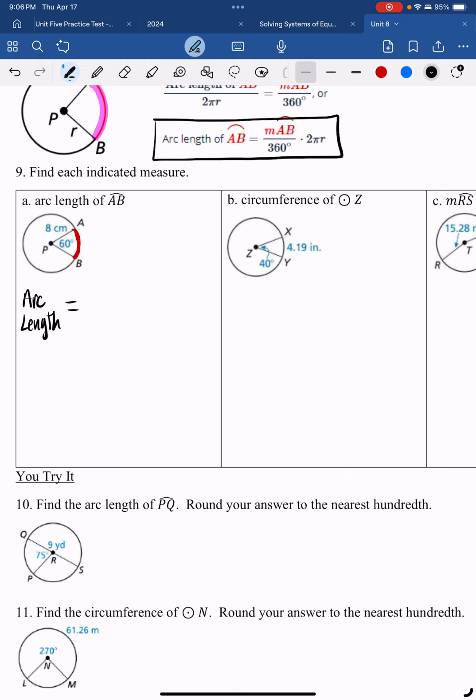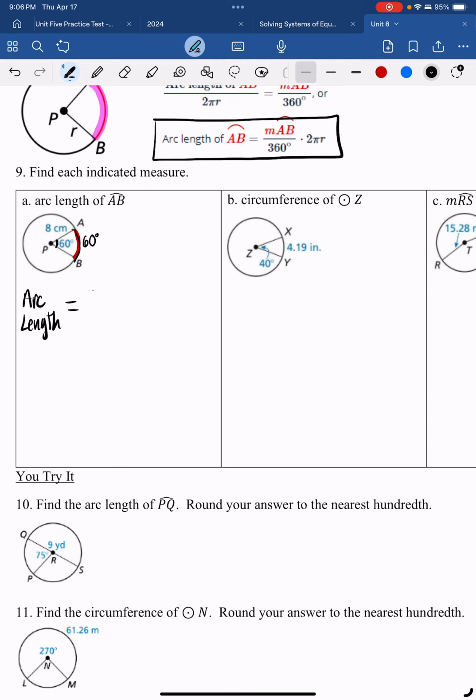What we have here is a 60-degree angle inside of that circle, and this angle on the outside of the circle is also going to be 60 degrees. So the central angle of a circle will have the same measurement in degrees as this, if it were a slice of pizza, this crust right here.